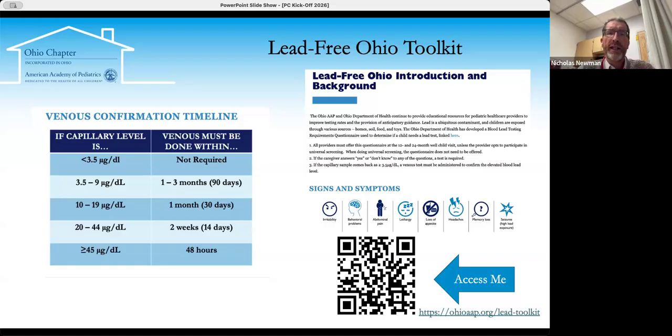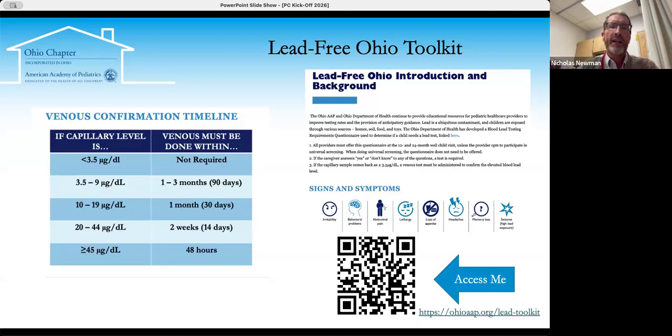So the toolkit's idea is to provide some education to the healthcare providers and help them understand lead. I've been in practice a long time, and we've been talking about lead for decades. Although we all thought this would go away, it hasn't gone away.